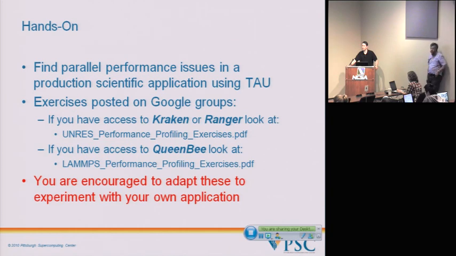I indicated that IPM I don't believe is compatible with OpenMP, but PerfSuite is, and I'm pretty sure that PerfSuite also supports pthreads. So it varies from tool to tool, and I'm not sure about IPM.